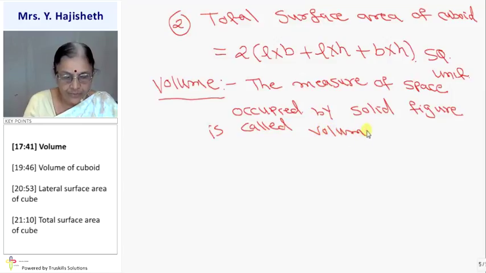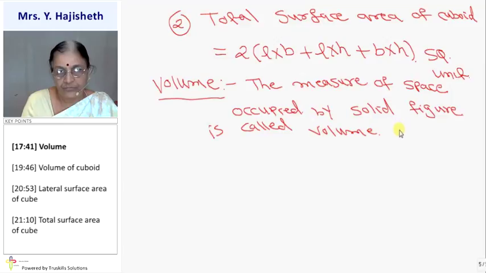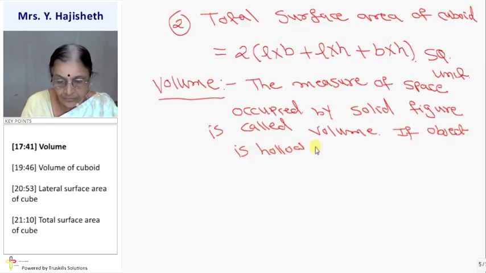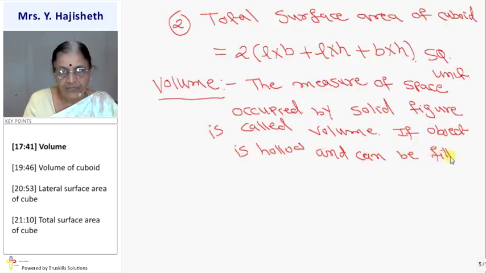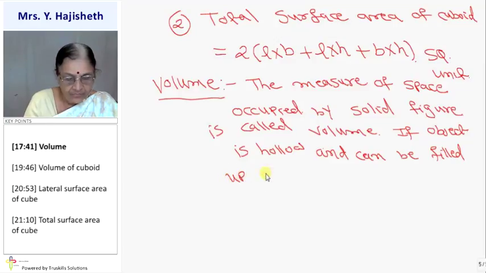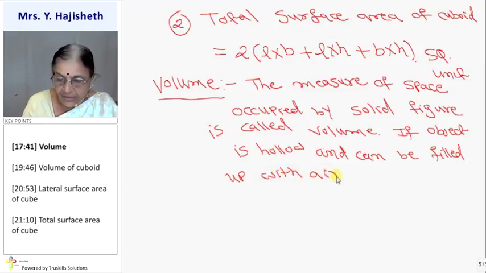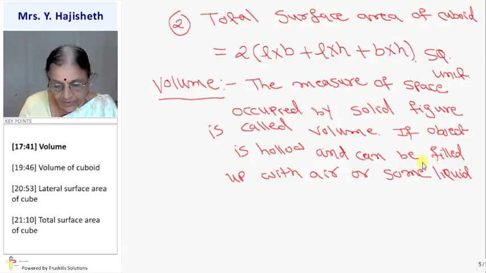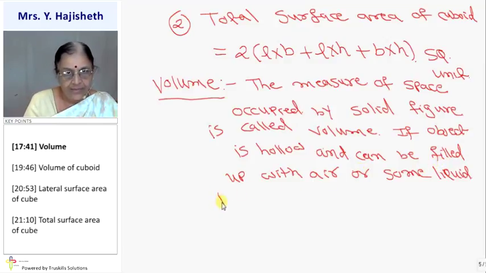Volume, okay. If an object is hollow and can be filled up with air or some liquid, that will take the shape of its container.